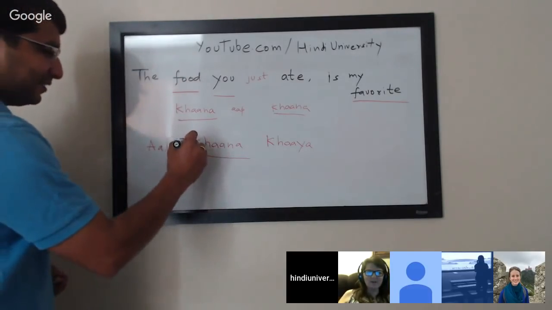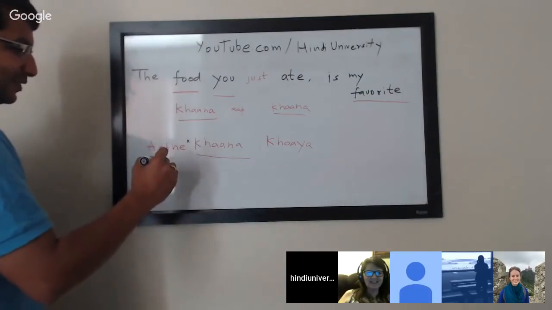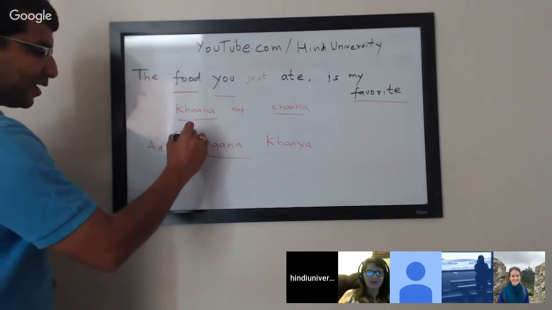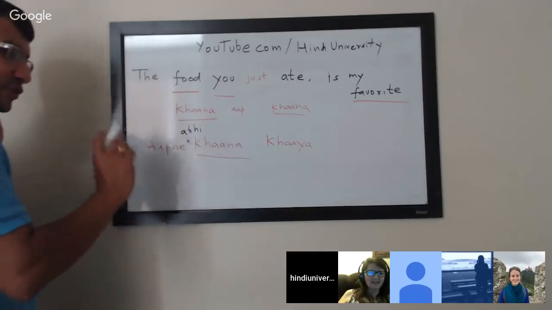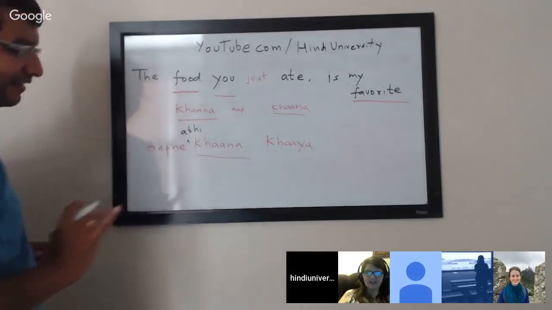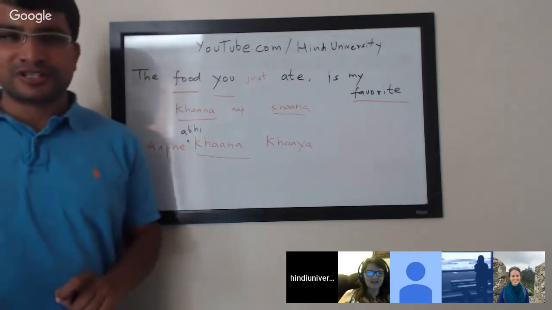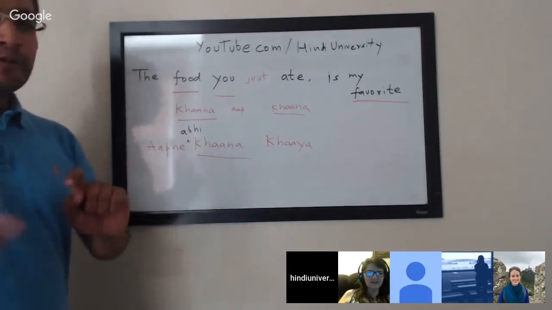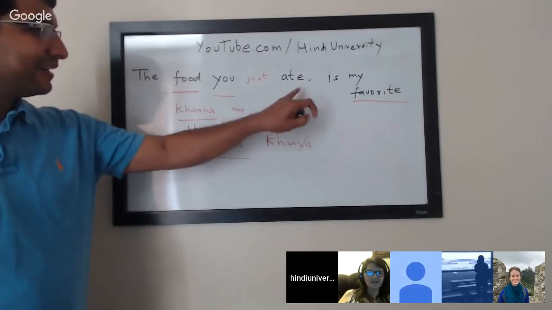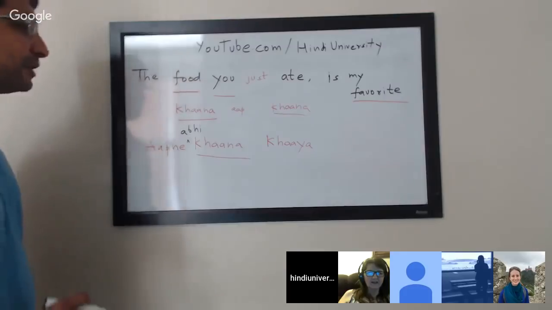To say the food you ate now. So say आपने अब. अब. So right now let's keep it simple. आपने अभी खाना खाया. Okay, the food you just ate. We will figure out the job part of it later on. Is my favorite. The food is my favorite.